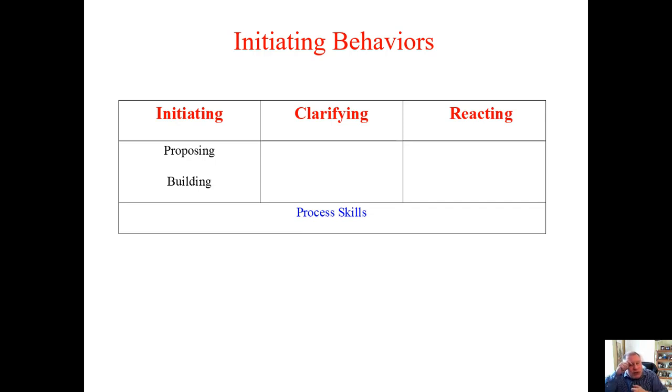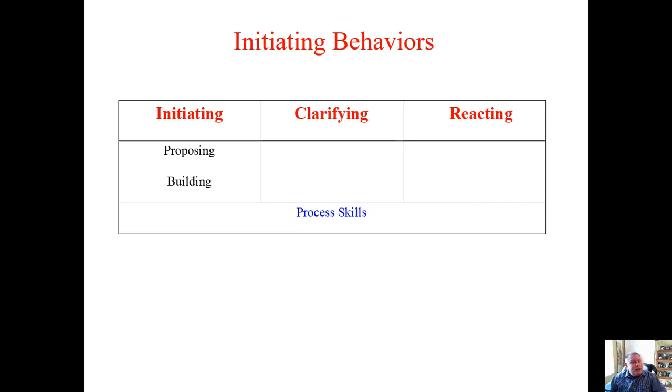When we look at initiating behaviors, we're proposing something. So you want to start. I think we should do this. So it's starting something, a proposal, initiate. Then building. And when we're building, how do we take an idea and build on it? I think we might use the word brainstorming, but how do you take a good idea and make it a great idea?